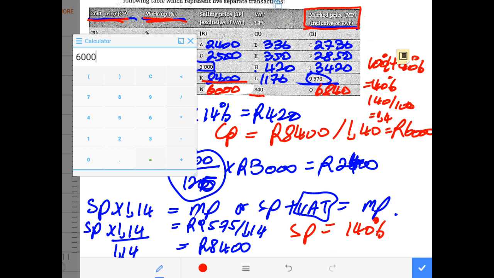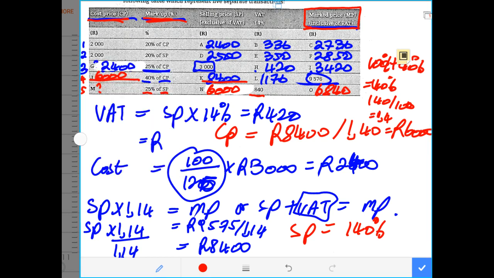So now if you say 6,000 times 14%, this is 840 of the VAT. And if you say 6,000 of the selling price times 1.14, remember to add, you get 6,840. And if you say 6,000 plus 840 of VAT, we get 6,840. So our calculations are 100% correct. All the methods prove it to be correct.